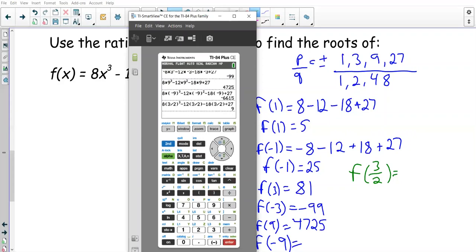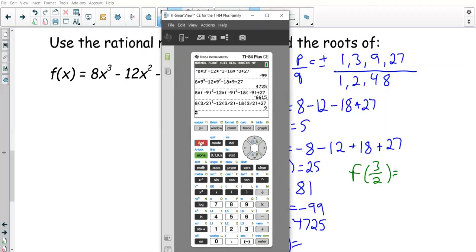And that gives me, oh, I got a 9. Why did I get a 9? Oh, I forgot to square my x on my negative 12 there. So we'll throw a square in there, and then we need to insert the subtraction sign, and now we're good. And we can see that that is equal to 0.